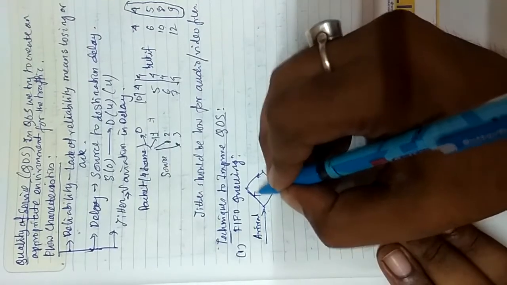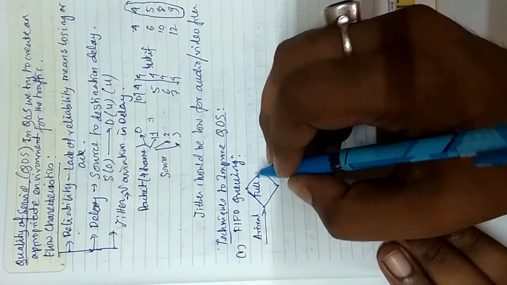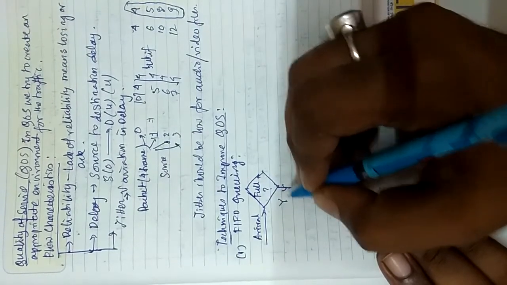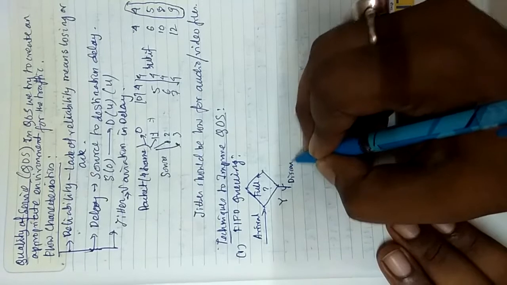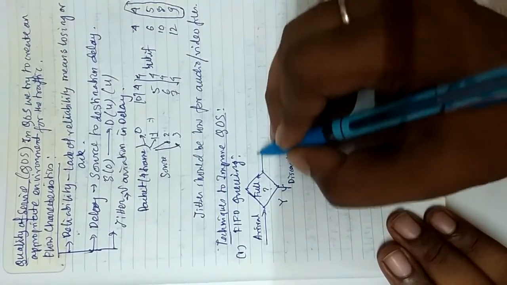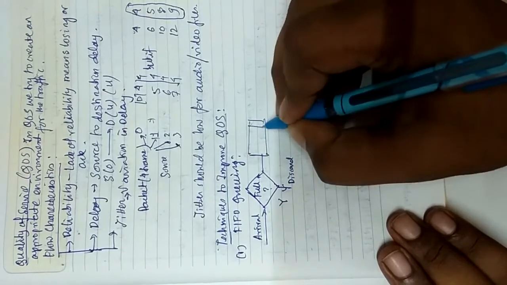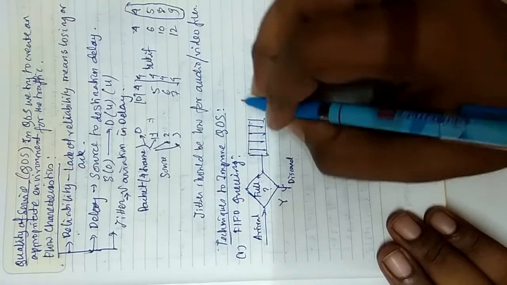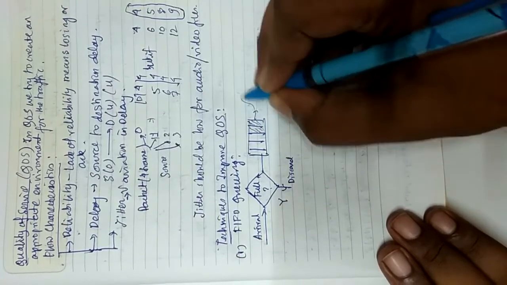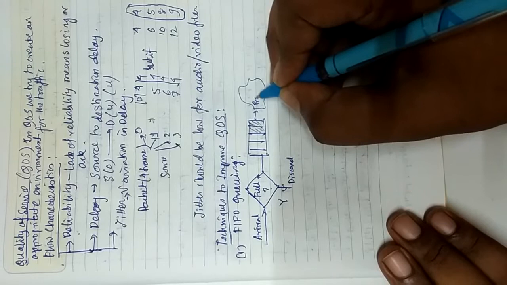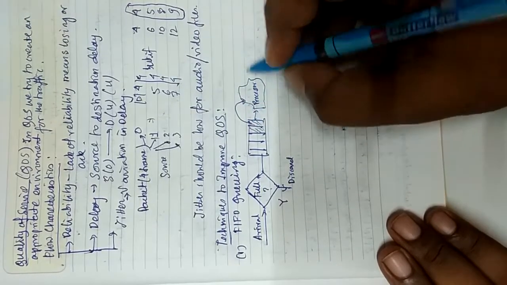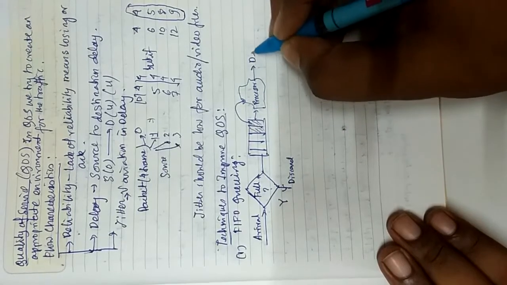We will check whether the queue is full or not. If it is full, that is if the answer is yes, then discard. But if it is not full, then we will put the packet in the queue. So these are all the queues. From the queue the packets go to the processor, and from the processor there will be the departure of the packet.